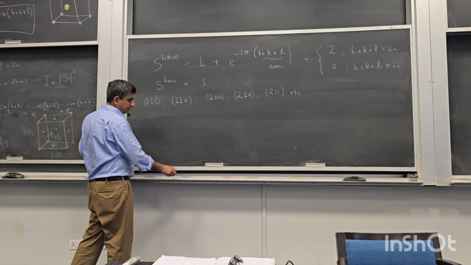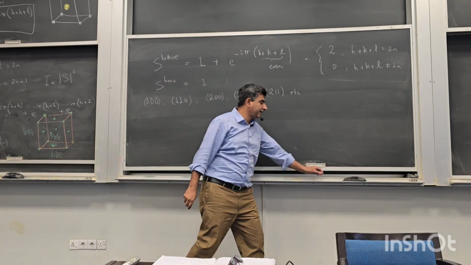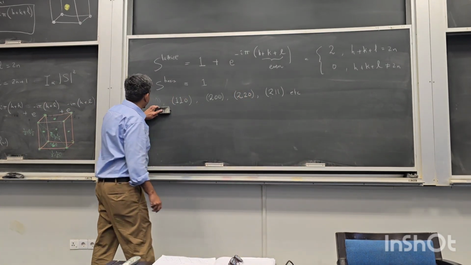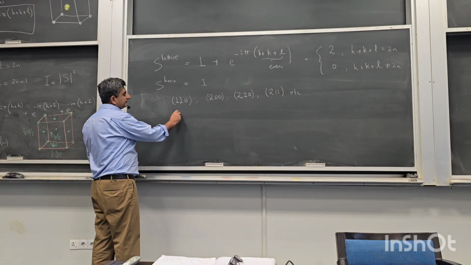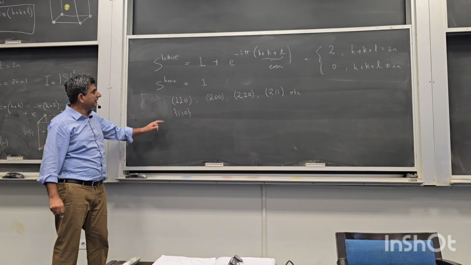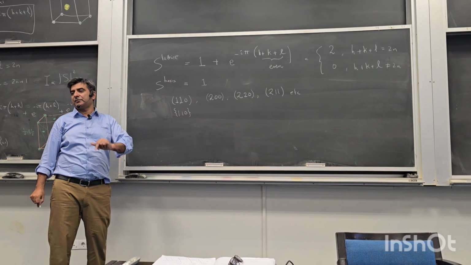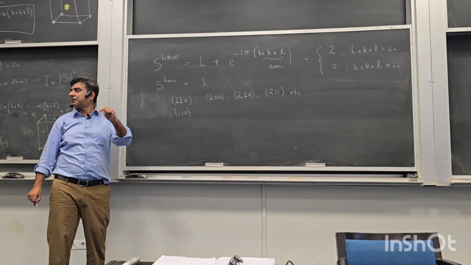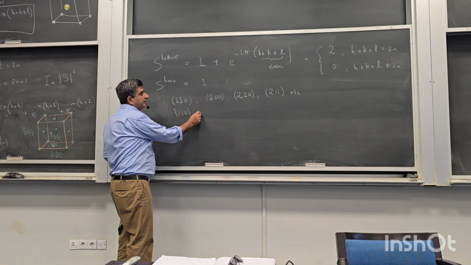For example, 0 0 0 is no plane. So for example, we would write the entire family of planes like this. This will have 1 1 0, 1 1 bar 0, 1 bar 1 0, 1 bar 1 bar 0, etc. Okay.